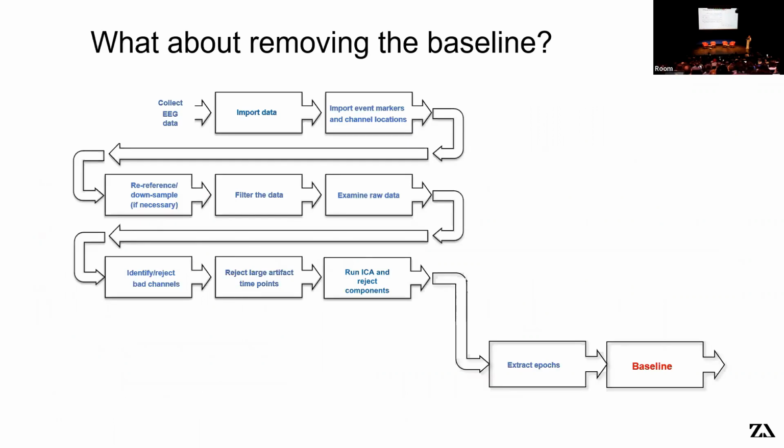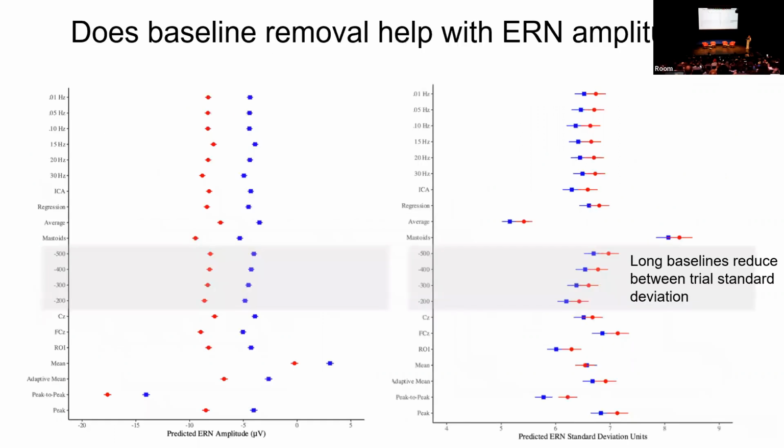Then let's look a second at the baseline. So once you already did your pre-processing and you extracted epochs and you are subtracting a baseline from the data. This comparison basically showed that the baseline doesn't really have any influence on the amplitude of the ERN, but it reduces the trial standard deviation if you use a long baseline. So long baselines are usually better.